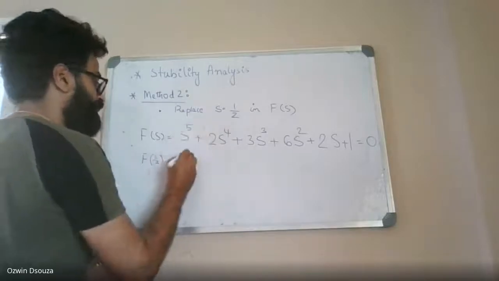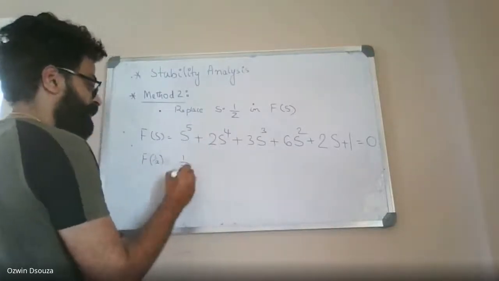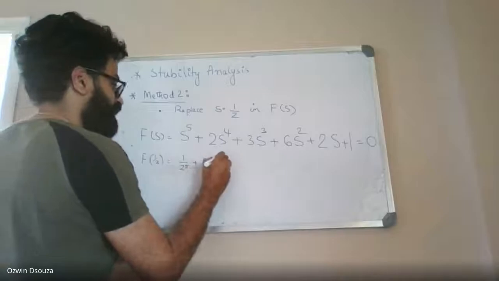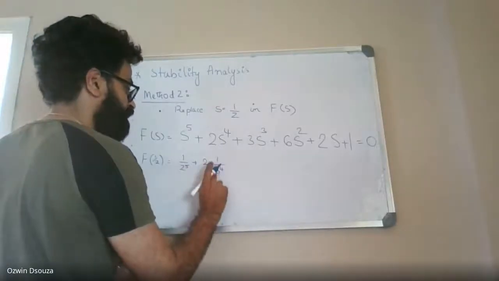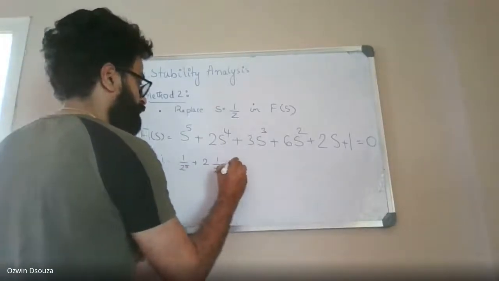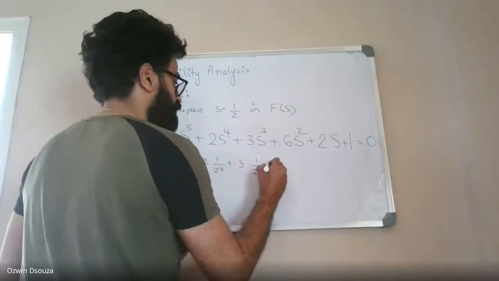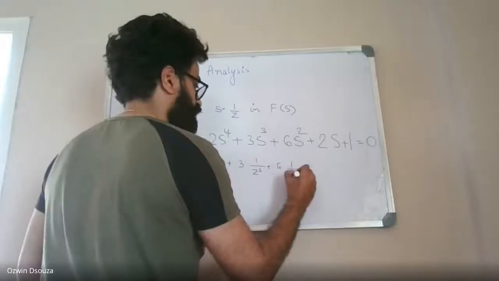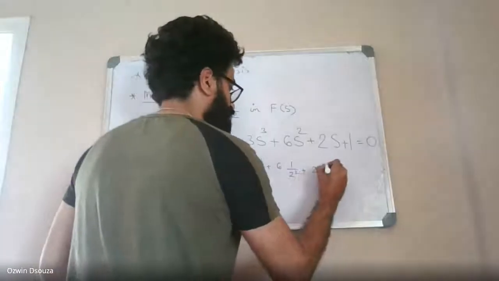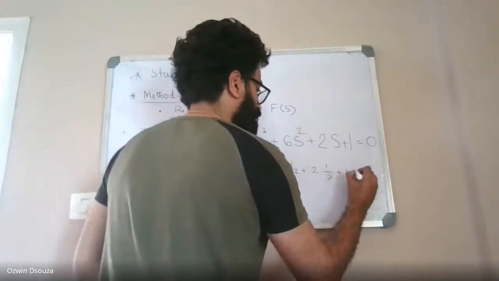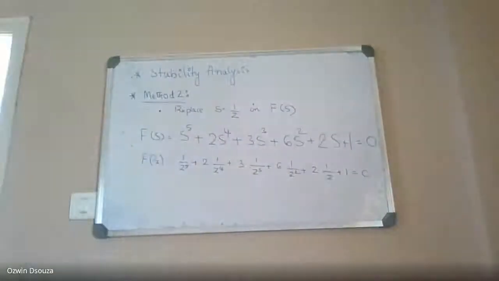S is equal to 1 by Z. So (1 by Z) to the power 5 plus 2 into (1 by Z) to the power 4 plus 3 into (1 by Z) cube plus 6 into 1 by Z squared plus 2 into 1 by Z plus 1 is equal to 0. Okay.